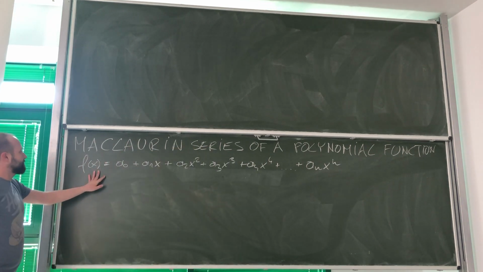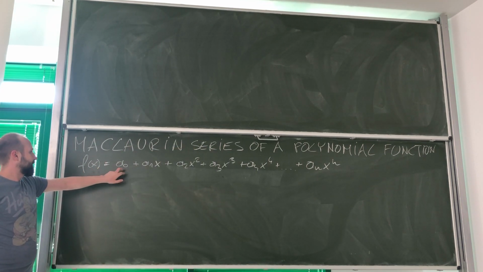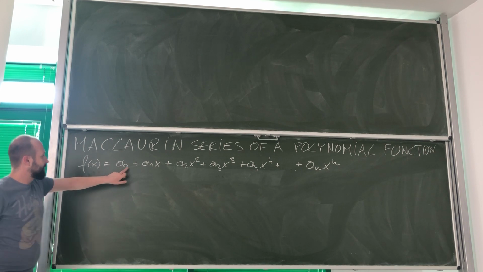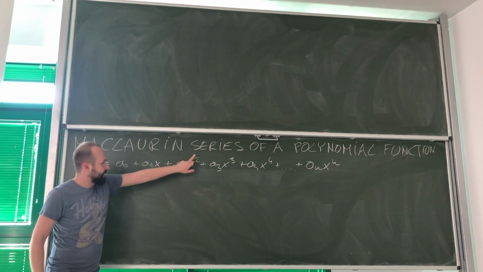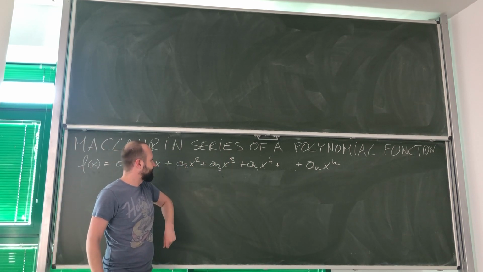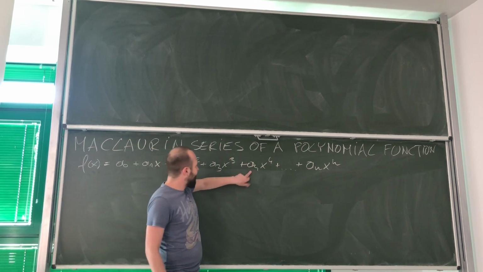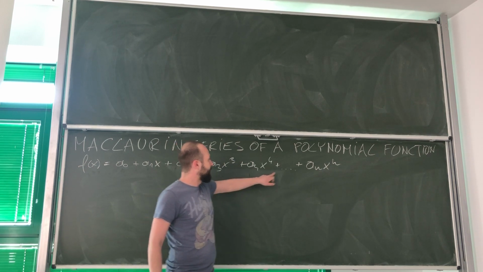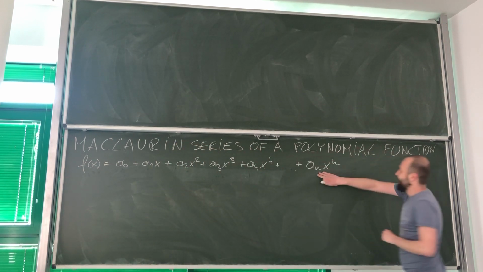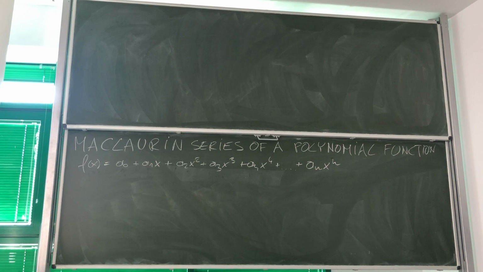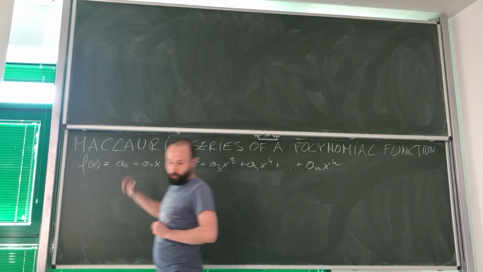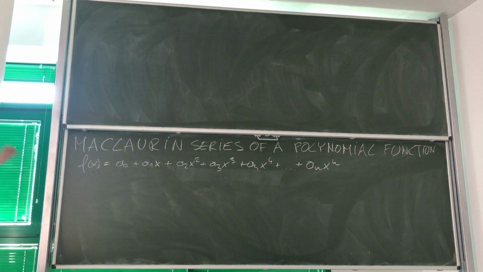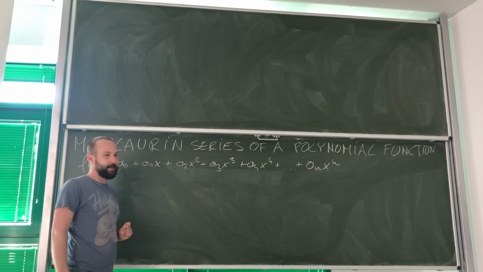So f of x is equal to a constant, a0, plus a1 times x, plus a2 times x squared, a3 times x cubed, a4 times x to the power of 4, until an times x to the power of n. Okay, this is already a very nicely organized function, right?